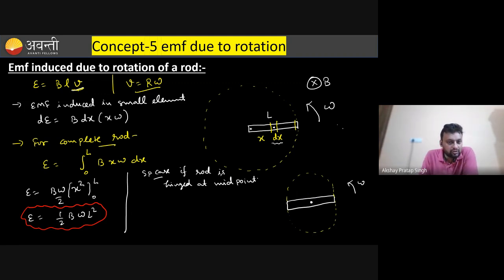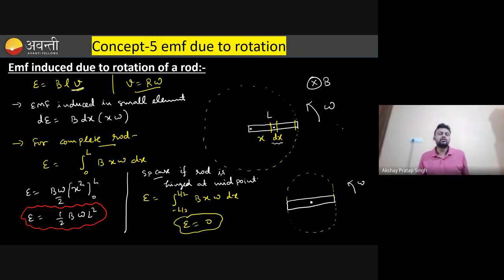So while solving, everything will remain the same, but when you put the limits, they will become minus L by 2 to L by 2. This is minus L by 2, this is plus L by 2, and everything will remain the same. If you put the limits, you will get EMF as 0. So what is the conclusion?